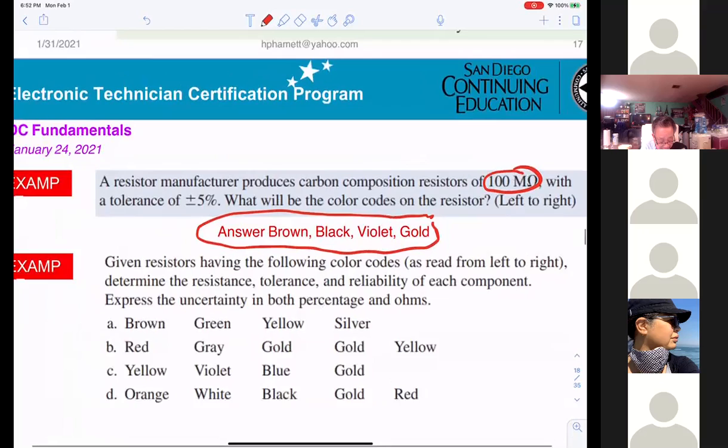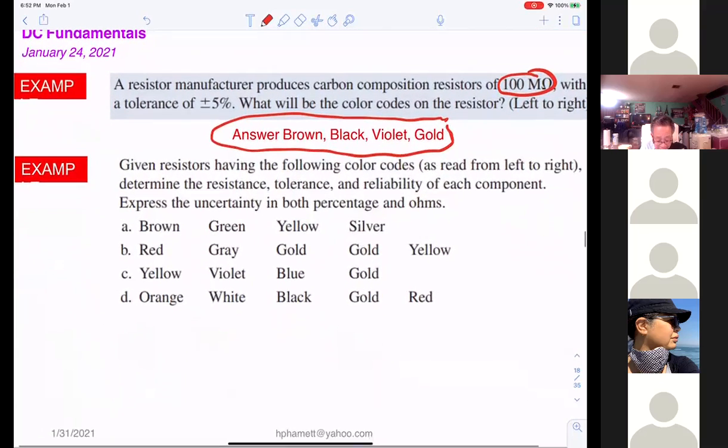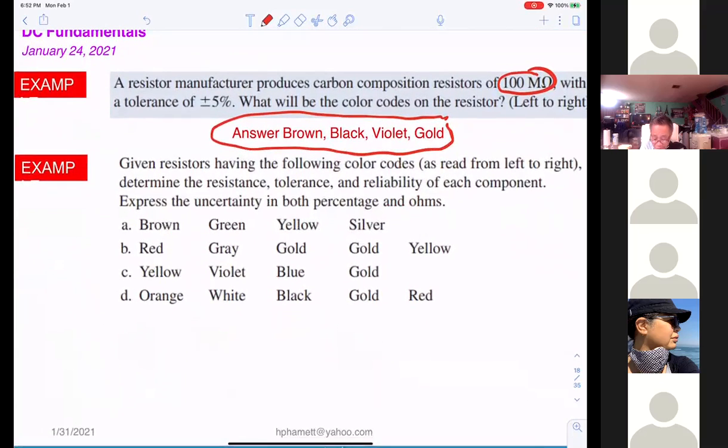Let's say, for example, given a resistor having the following color code, determine the resistance, tolerance, reliability of each component, express uncertainty in both percentage and ohm. Same question like the first, and now they given you brown, green, yellow, silver. Then you telling what the value. Okay, we already did it. I just doing the first one only.